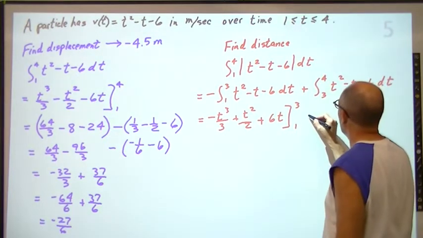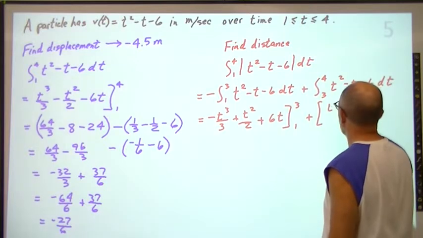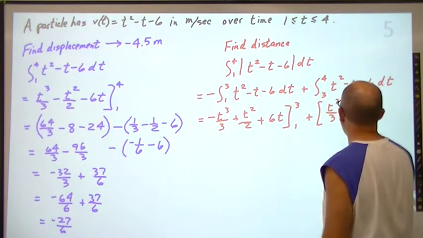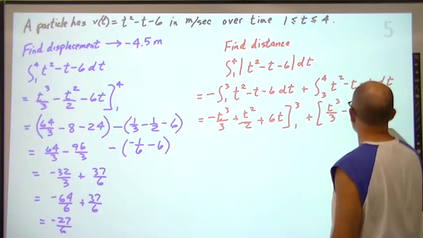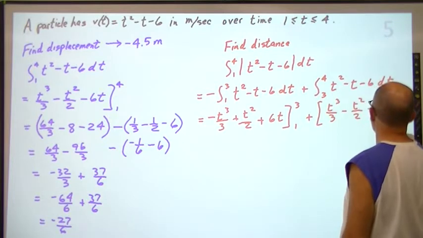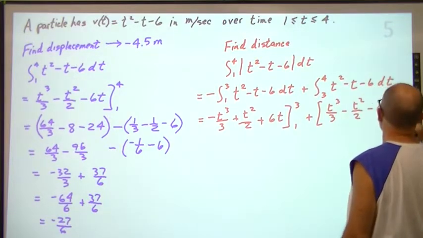Now here is going to be t cubed over 3 minus t squared over 2 minus 6t from 3 to 4.